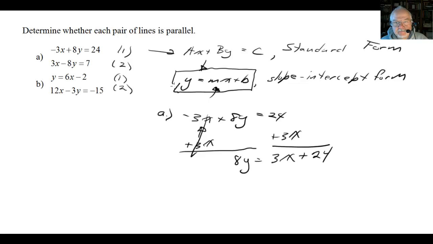Well, this y has an implicit coefficient of 1, and this y has a coefficient of 8. So it's 8 times y. We're going to divide by 8. I do it to that side, I have to do it to this side. 8 divided by 8 is 1. So that's going to cancel because 1 times y is y. Now I'm going to get y equals 3/8 x plus 24 over 8.